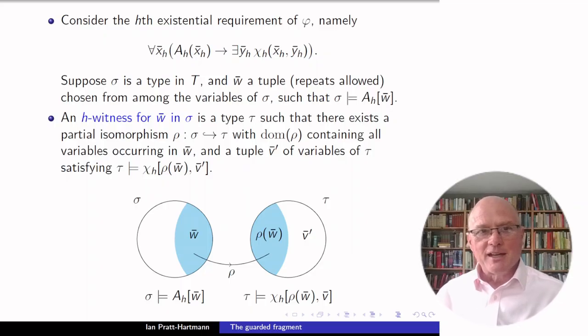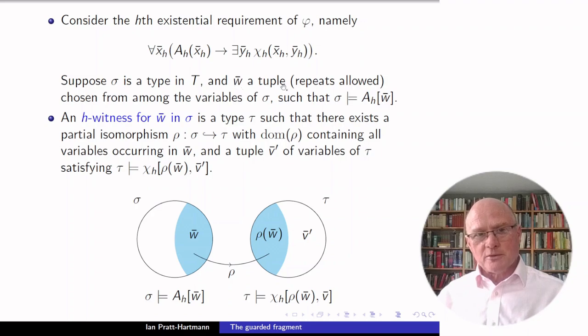Okay, so now suppose that sigma is a type in T. T is the set of types which obey the universal constraints, remember.